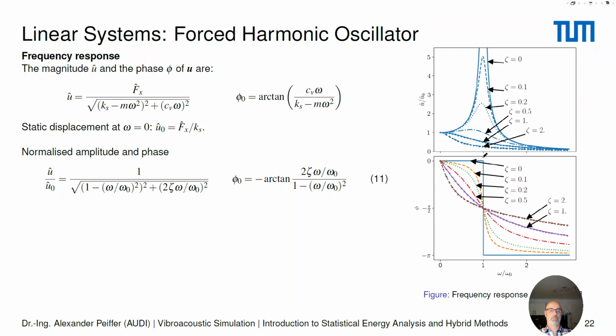If we look at the amplitude, we see that it is infinite if there's no damping, obviously. If we introduce small damping, it's getting lower and lower. If we have, for instance, the critical case at 1, we see that there's no oscillation at all, and this is getting worse if we have a high damping ratio that would correspond to the overdamped case.